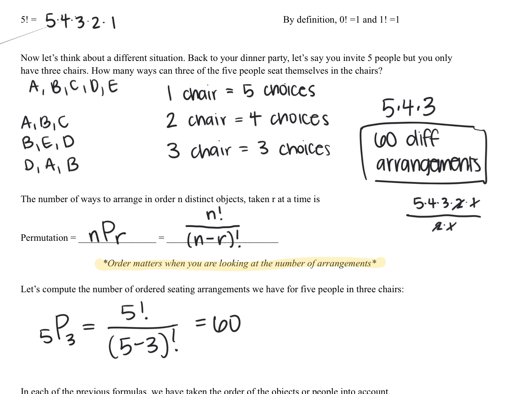You're going to hit Math, then go over to, depending on your calculator, either PROB or PRB, and then number 2, which is nPr. You can type 5 and 3, and when you hit enter, you'll get 60.